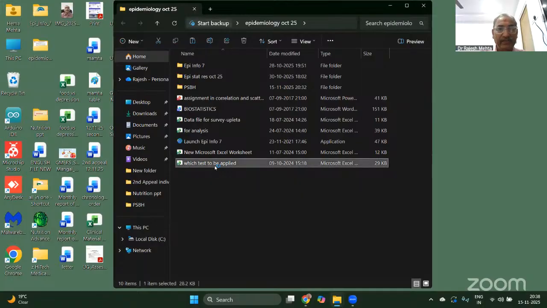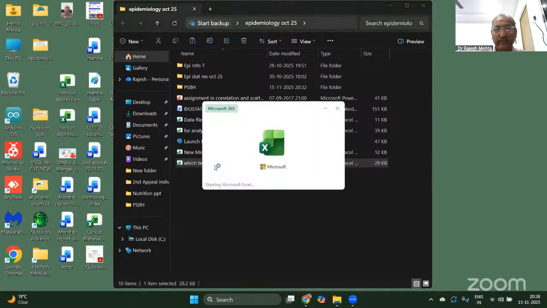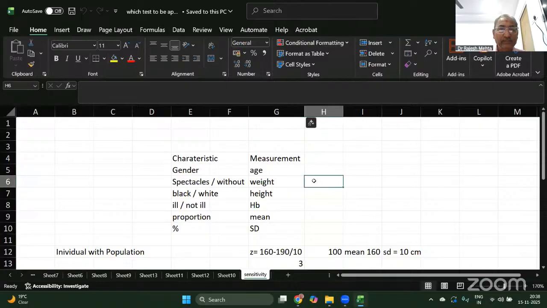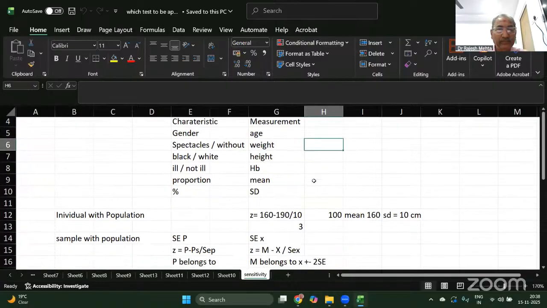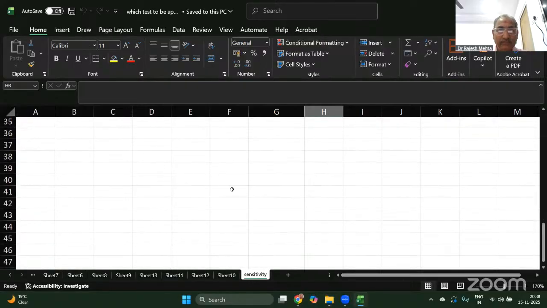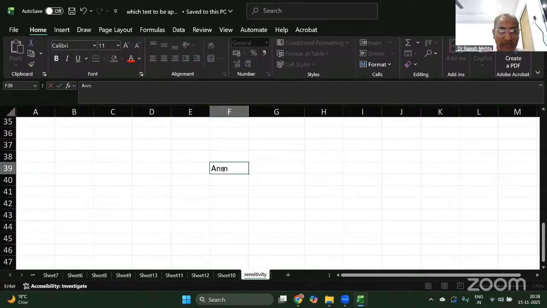Let's take any Excel file. Now we choose a test. Let's say anemia detection.